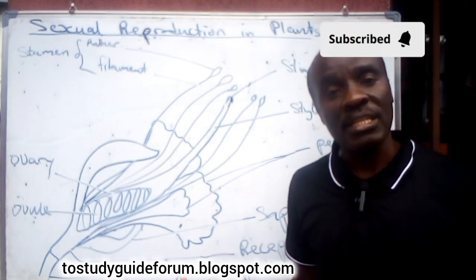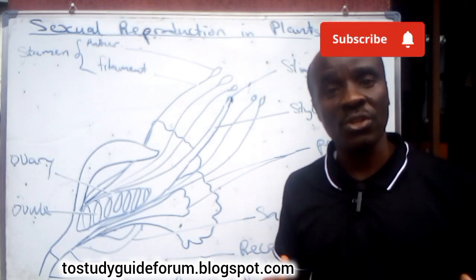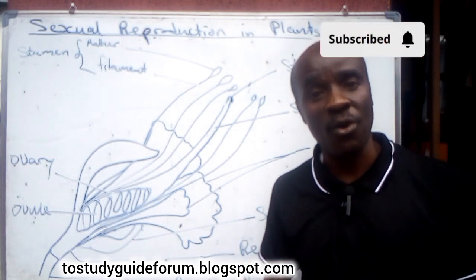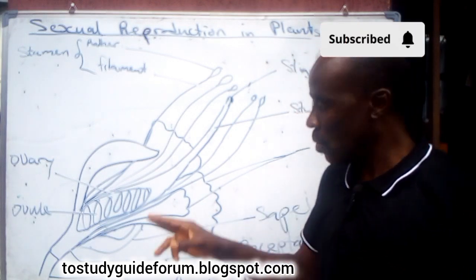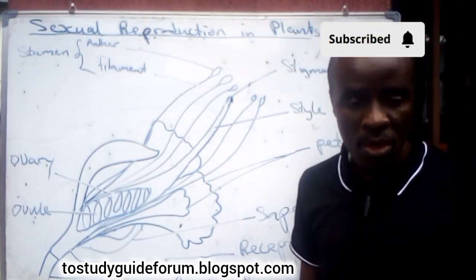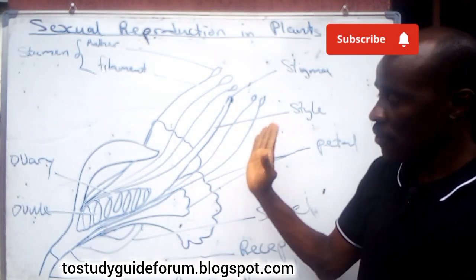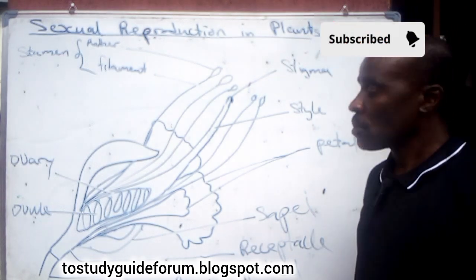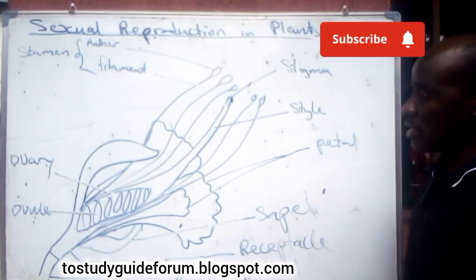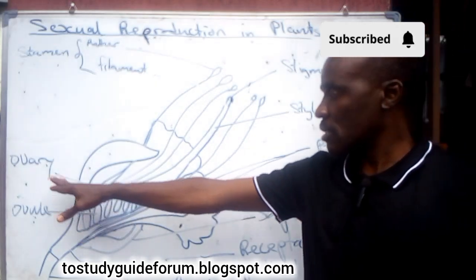So fertilization simply means the fusion of the male and female gametes to form a zygote, embryo, or seed, as the case may be. So once that thing happens, we say fertilization has taken place. Now, the next thing, once this fertilization has taken place, what will happen next?